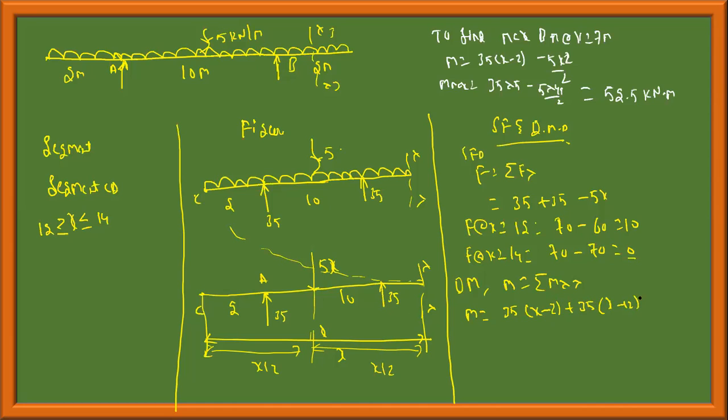Now I am coming to the UDL. UDL is bending the beam like this, minus 5 into x.